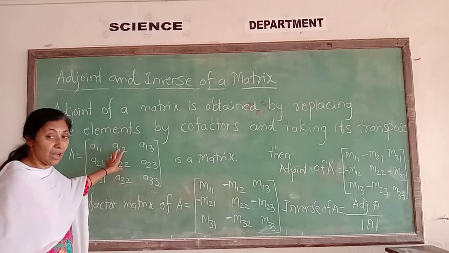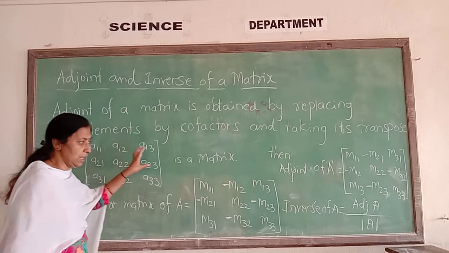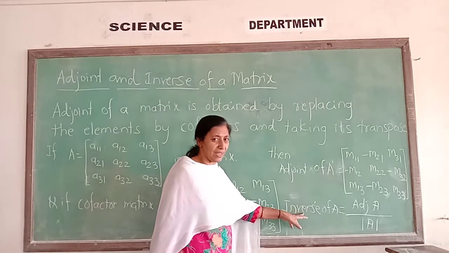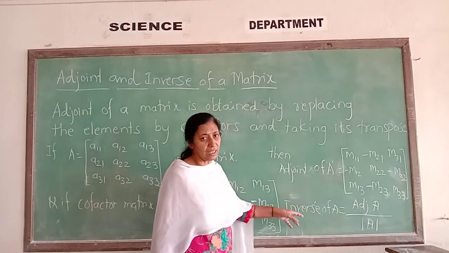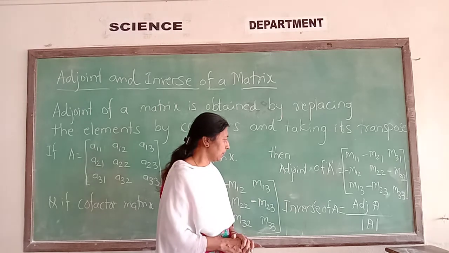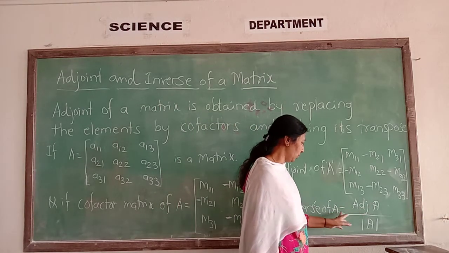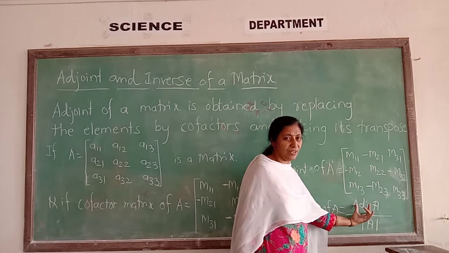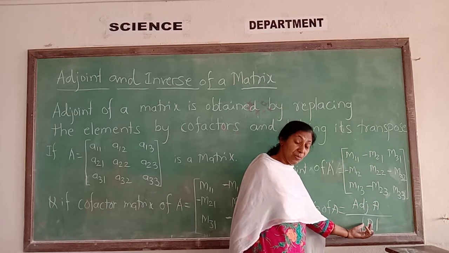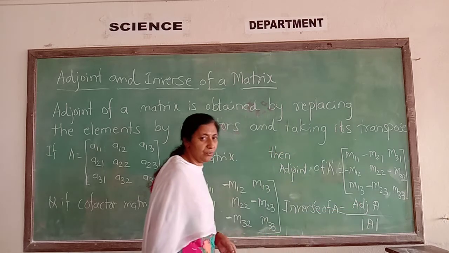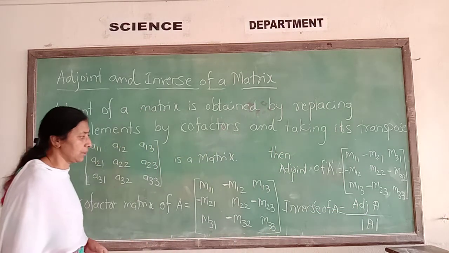Its determinant value should not be 0. Then only the inverse of the matrix exists. If it is a singular matrix, we will not get the inverse. First find the adjoint of A and its determinant value, then divide both, and you will get the inverse of the given matrix.